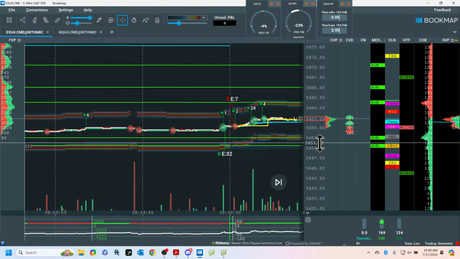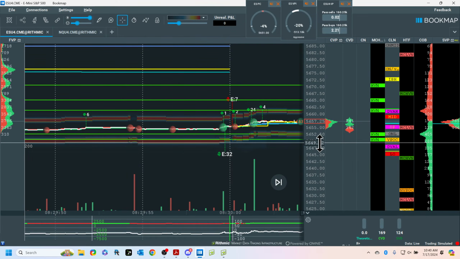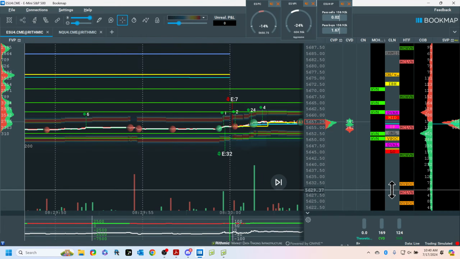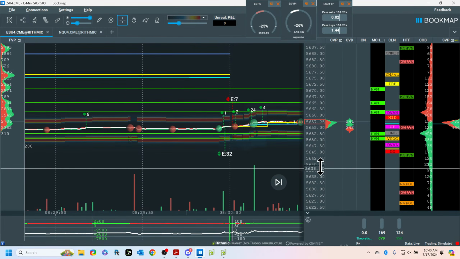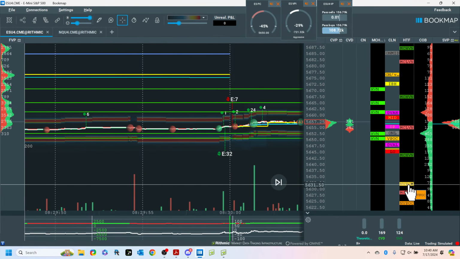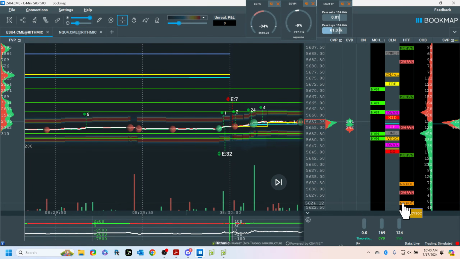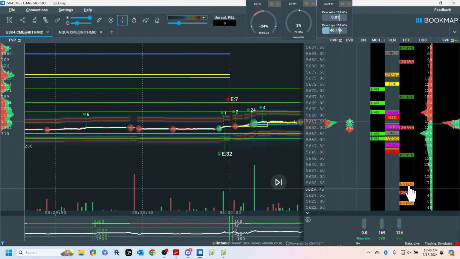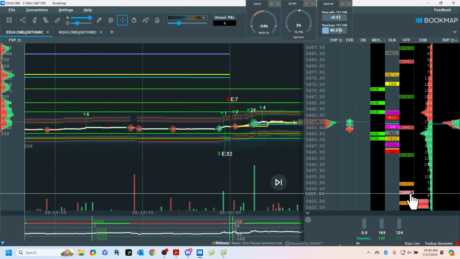And then the next target under here, which is really more of a primary target, is in this area. This is microcomposite VPOC. Got it labeled wrong. Don't hold it against me. So 24 and 32 are on the hit parade here as potential targets, and these are higher time frame targets.